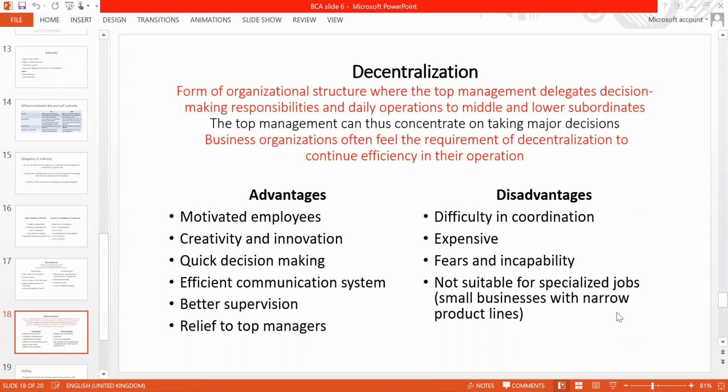So if you look at the advantages, when it's a decentralized structure, the employees are motivated, their morale is high. So just see, if you are working in an organization and you do not have any authority to take decisions, you feel very low.